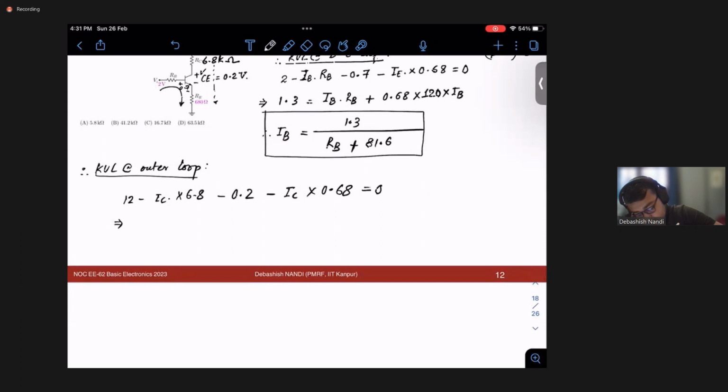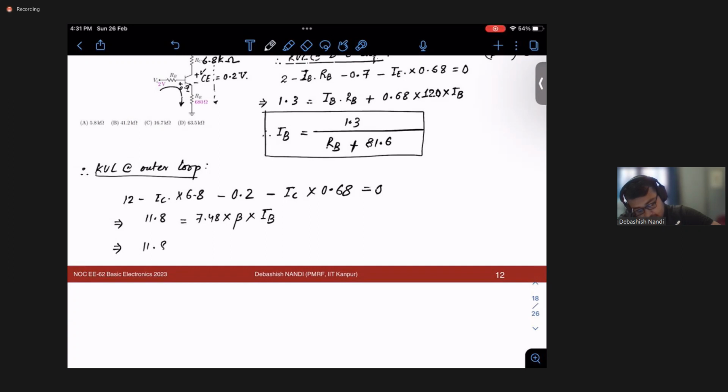So this becomes my 11.8 equal to 6.8 plus 0.68, 7.48, right? 7.48 into IC. IC is beta into IB.